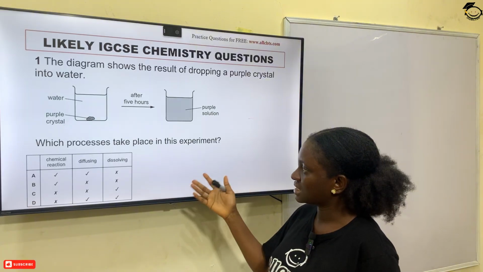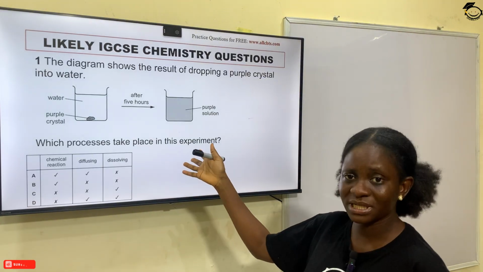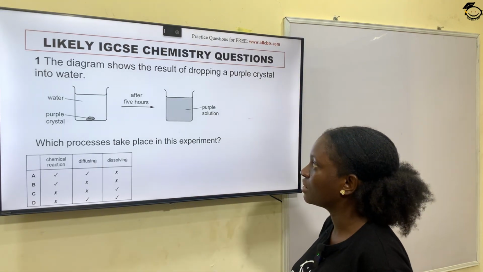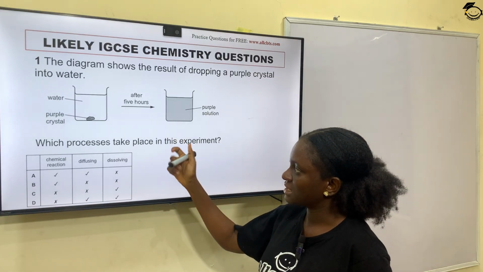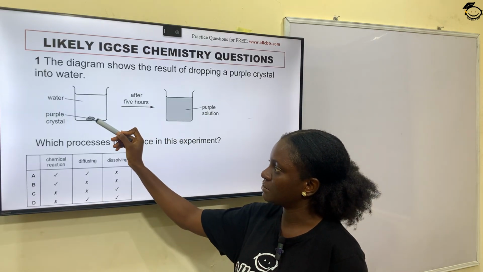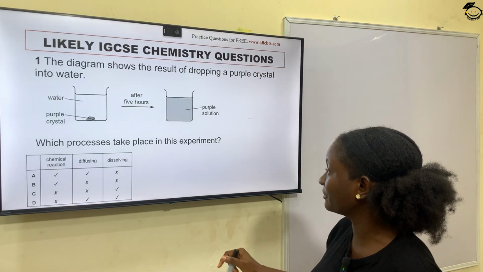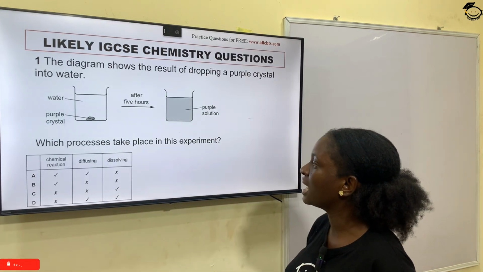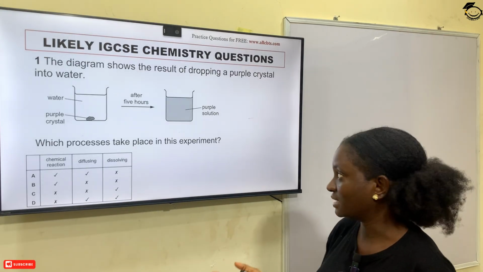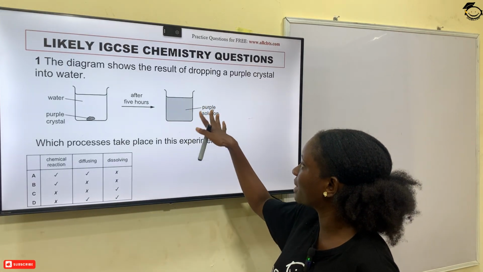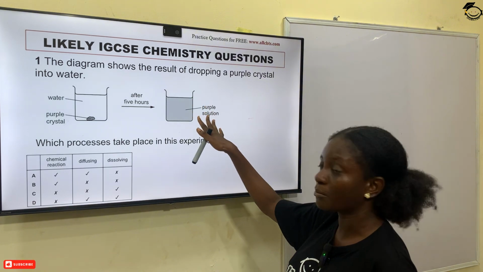So what process actually took place in this experiment? The first part is we see the purple crystal in solid form, then it dissolved completely inside the water, and after dissolving it fills every part of the water to form a purple solution.